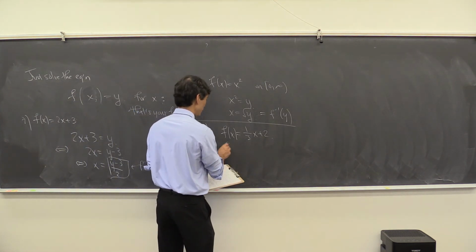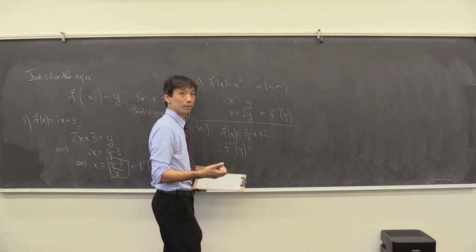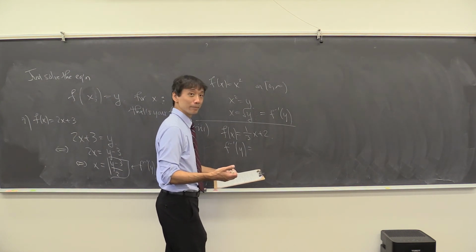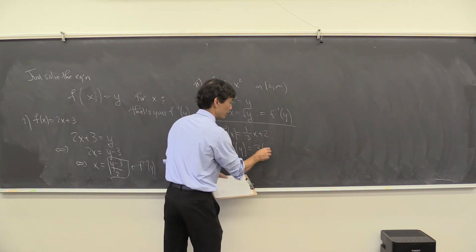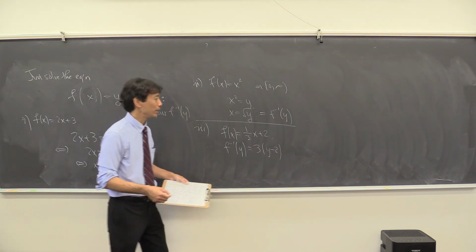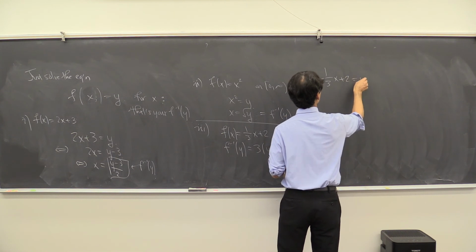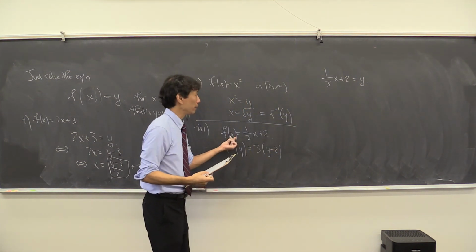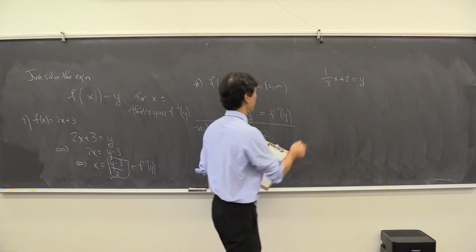Okay, so what's the inverse function? f inverse of y is what? Anybody? 3 times the quantity y minus 2, right? 3y minus 6. The way you get it is you say, okay, I just need to solve this thing for x, because I'm looking for the x that gives me a y.